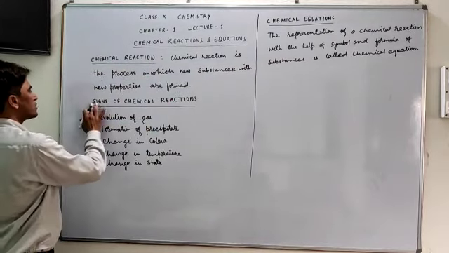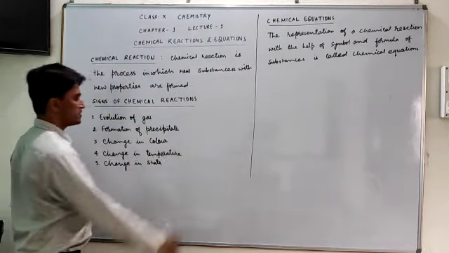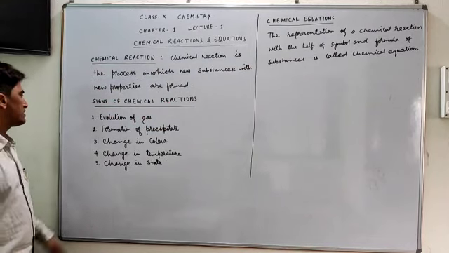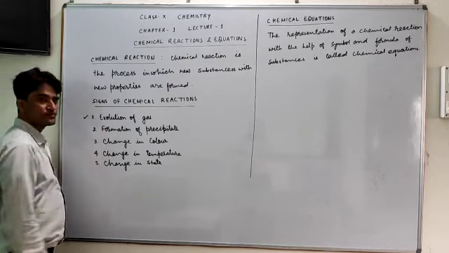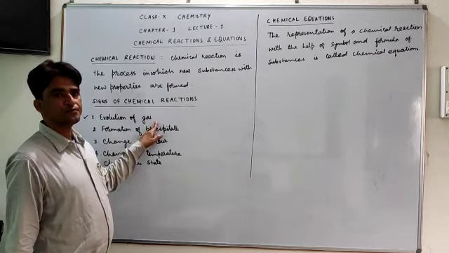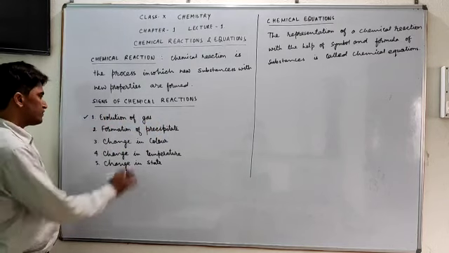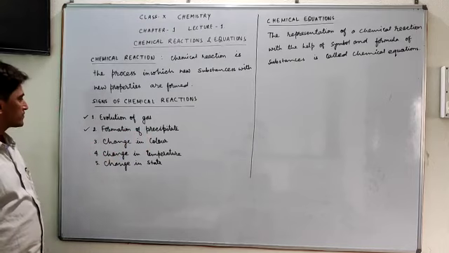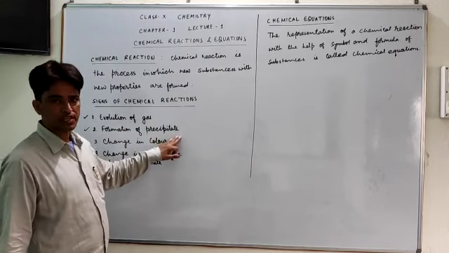Now, what are the signs of chemical reactions? There are five main signs of chemical reaction. First is evolution of gas. Some reactions occur with the evolution of gas, which indicates that a chemical reaction is occurring. Some reactions occur with the formation of precipitate.